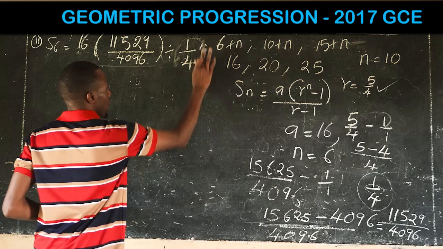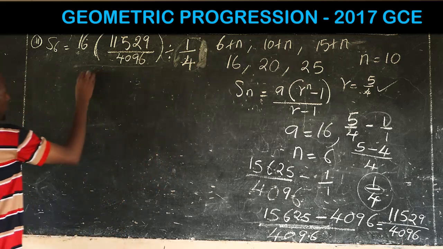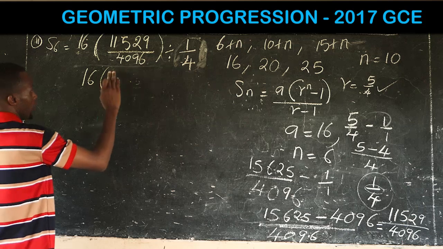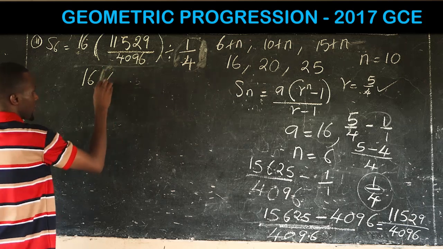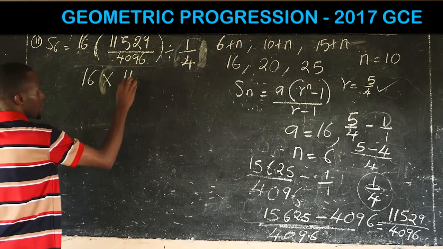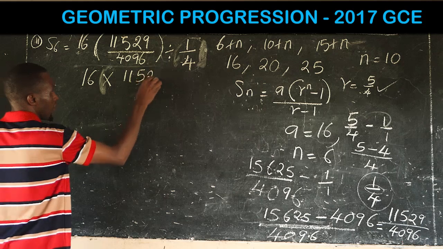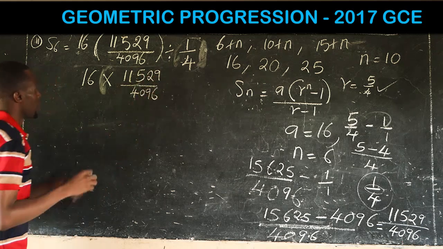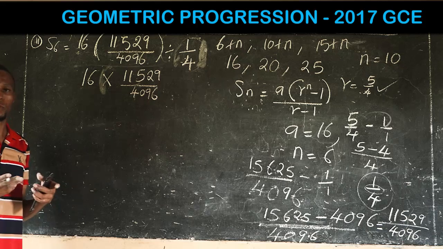So we're going to have 16 times 11,529 divided by 4,096. Remember, brackets here represent multiplication.